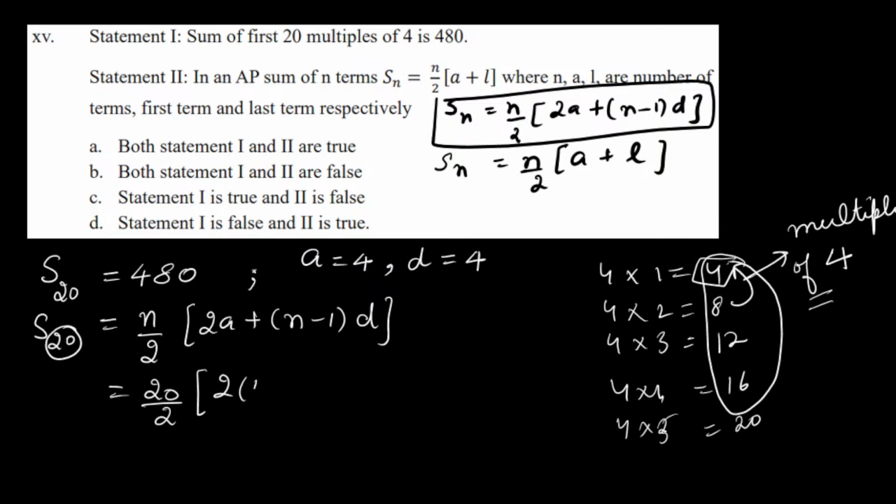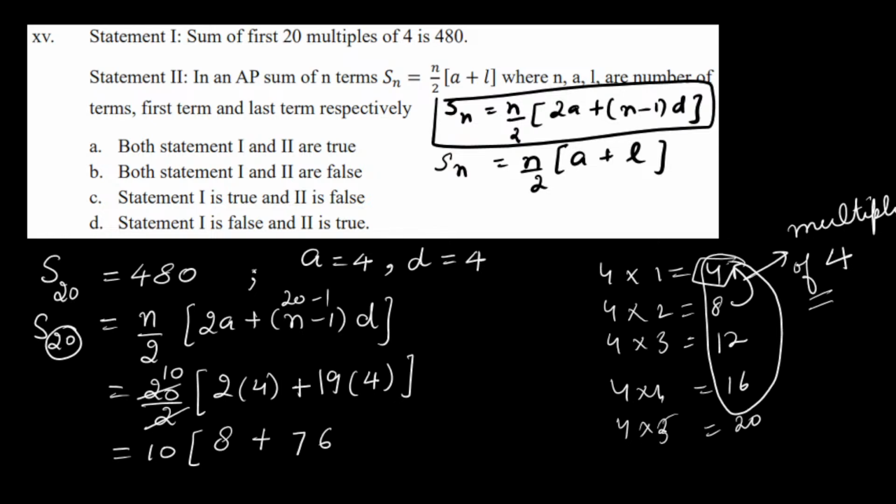So 2 into 4 plus 20 minus 1 is 19 into d, and d is also 4. Here we can do cancellation. So 10 into, 2 into 4 is 8, plus 19 into 4, 9 into 4 is 36, so 76.